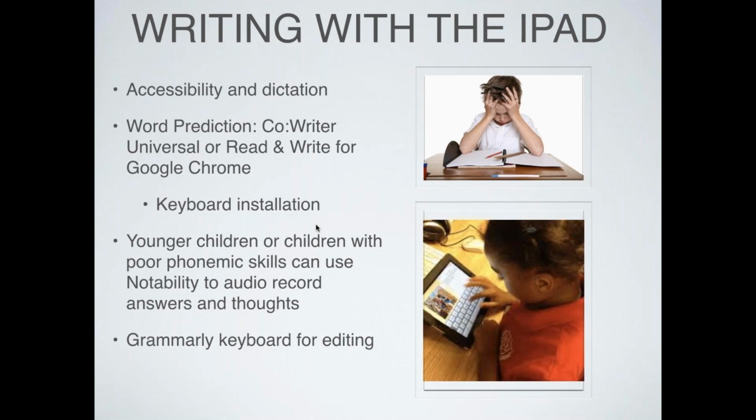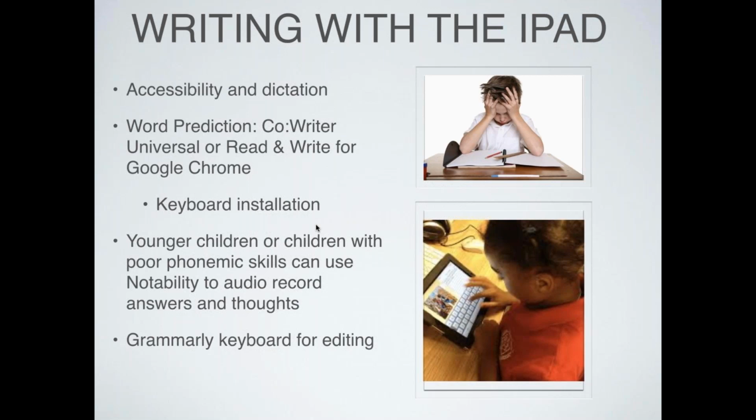But if they're just answering one word or simple sentences to questions, let's say about Greek mythology, something with more unique vocabulary, say Harry Potter, it's not going to come up with those words as readily as Co-Writer would if we said, okay, we're talking about the book Harry Potter, and all of those unique words, when they start to type H, you know, Hermione or Hogwarts, Hagrid, those choices are going to come up fairly quickly for them.